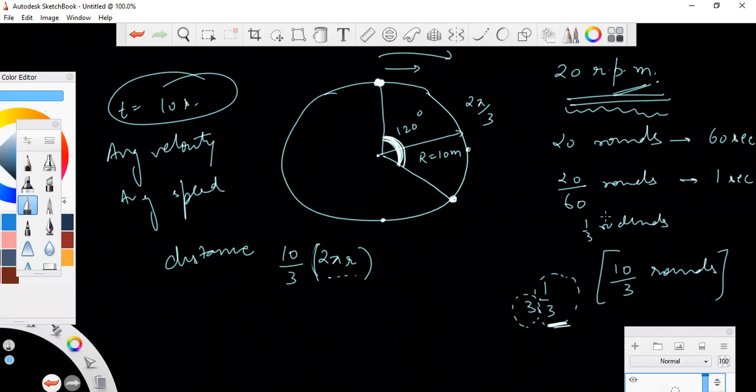We are doing 10/3 rounds. So I can just say total distance will be 10/3 rounds times one round. Is this thing clear to you? Yes, sir.